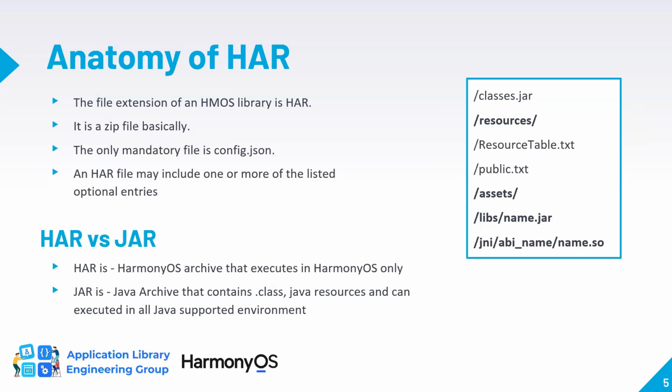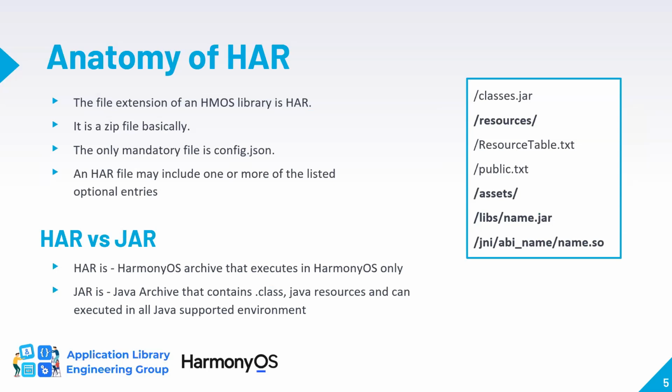Now, how does it look? As I say, anatomy means how it looks and what it all consists of. So, anatomy of an HAR. What is HAR? HAR is basically a Harmony OS Ability Resources file. Whenever we have a library, it means it is a project. It consists of Java classes.